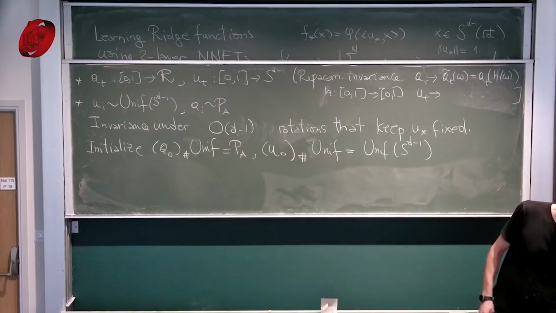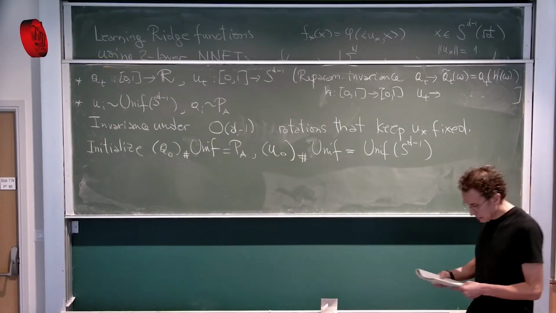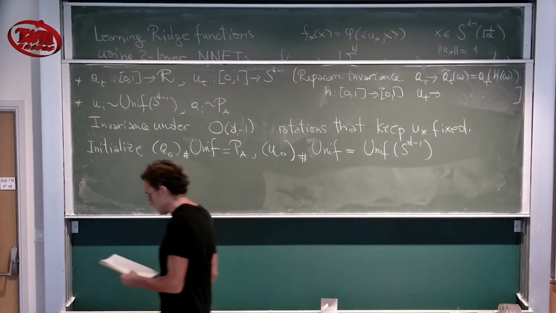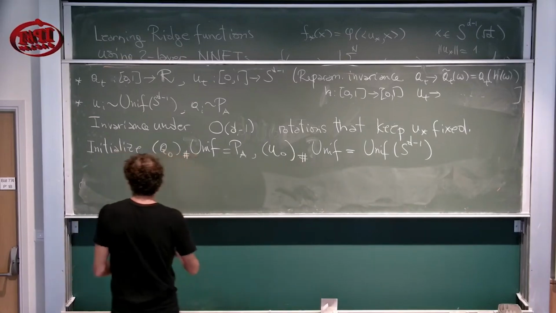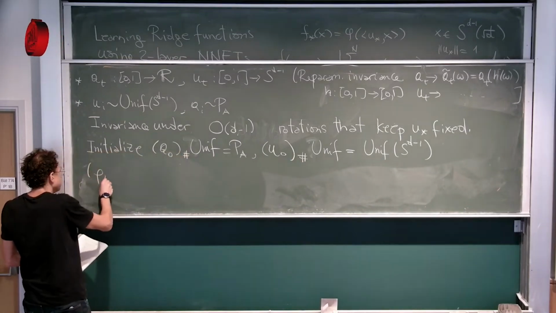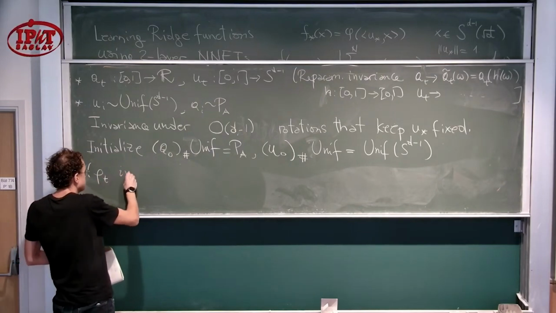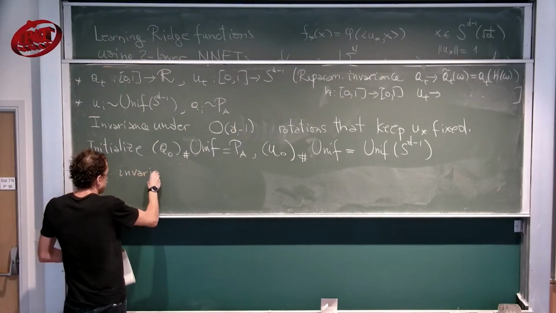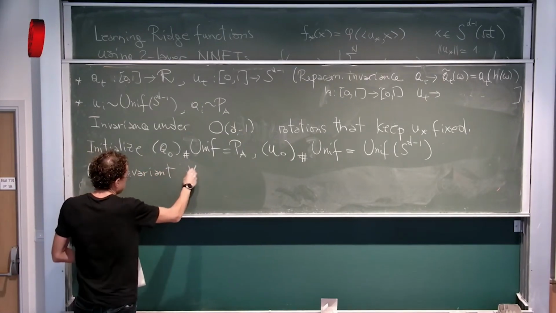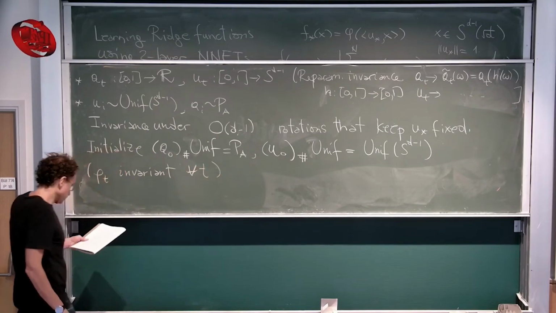So if you work out the consequence, rho_t, the joint distribution of a and u, is invariant under the same group at time t.